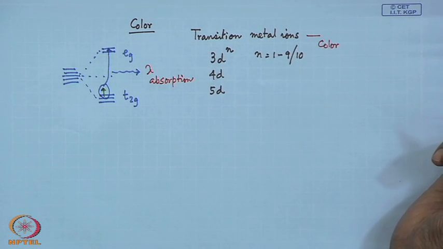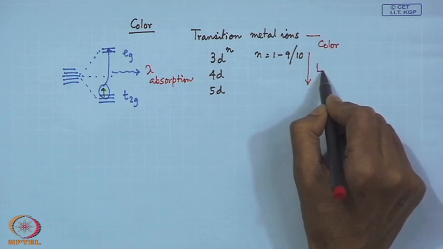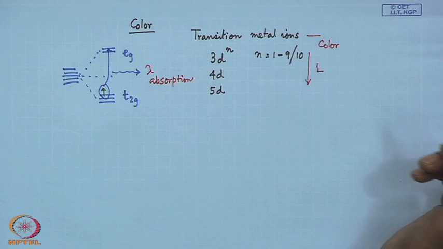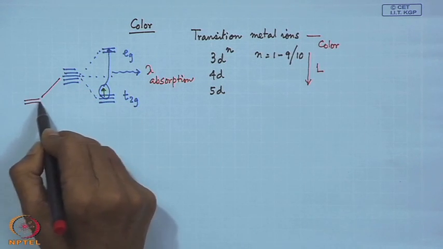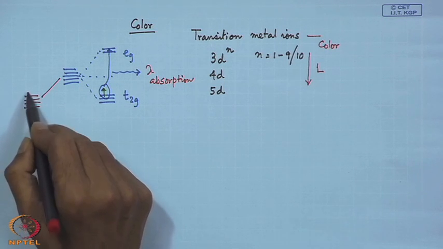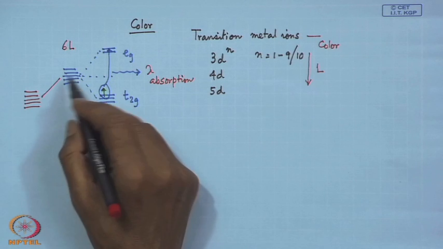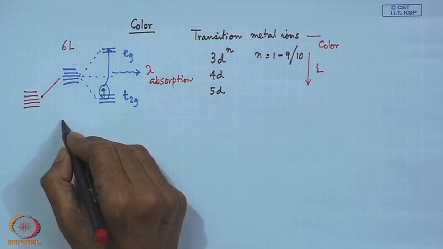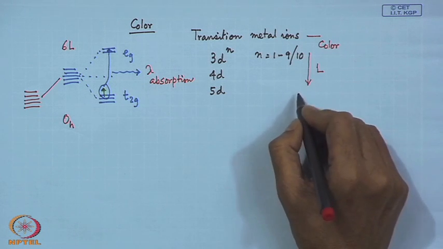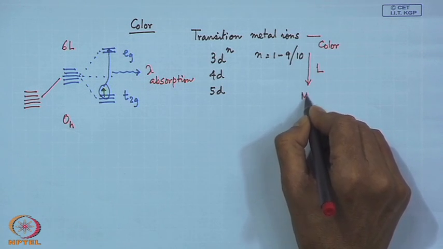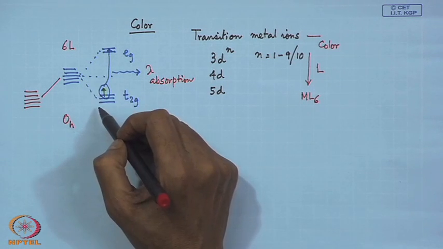So, we see the corresponding color when these transition metal ions are present and we put the ligand. This we are basically getting from the free ion levels. So, if we have 6L around it, which is in a spherical environment in octahedral geometry, we can have the corresponding ML6 compound and we have the corresponding splitting.